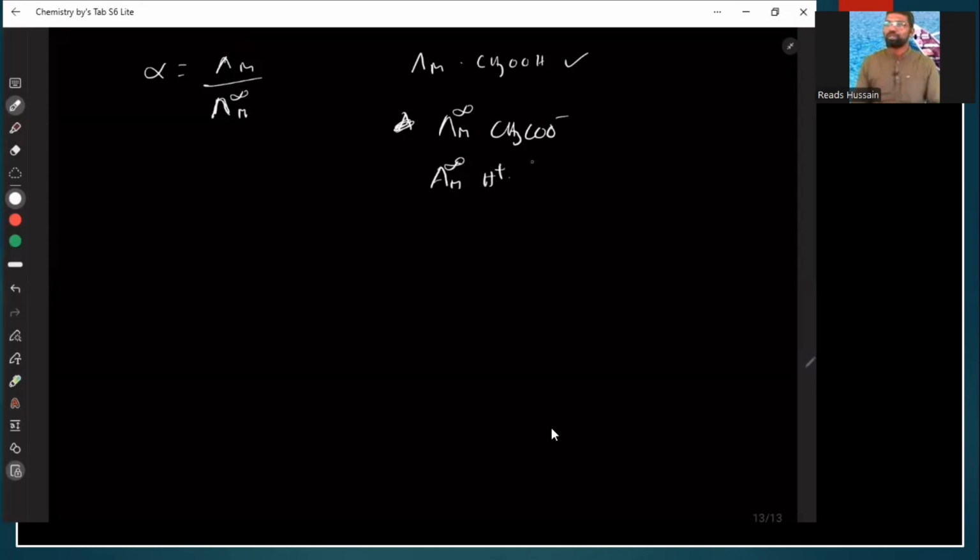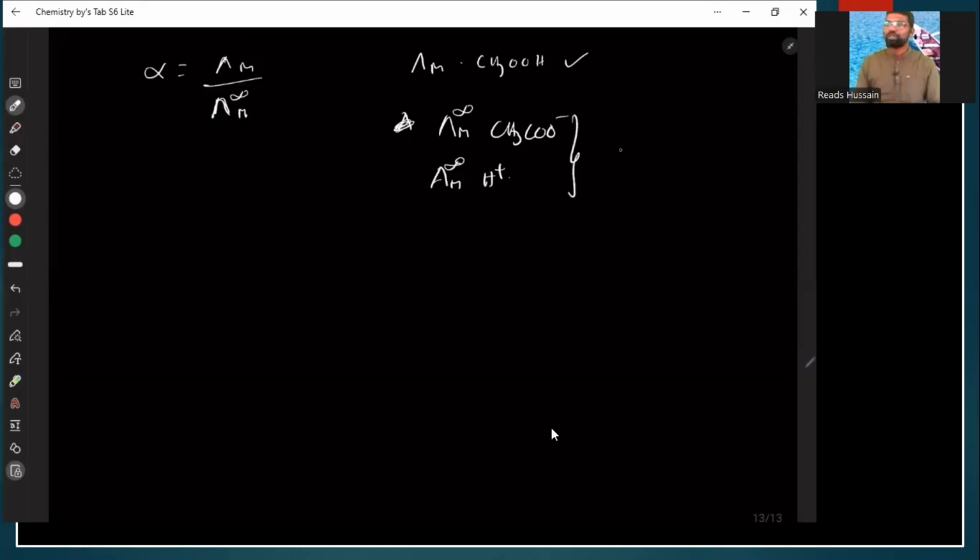The formula is alpha equal to molar conductance at any concentration divided by molar conductance at infinite dilution, at zero concentration. Here the molar conductance at any concentration of acetic acid is given. No problem with this value. Molar conductance at infinite dilution of the acetate ion and of the H plus ion are given separately.